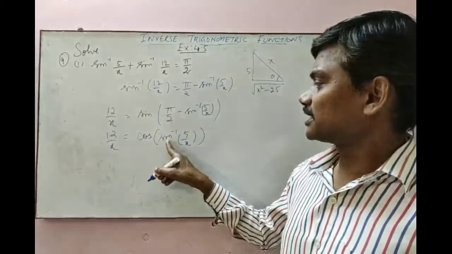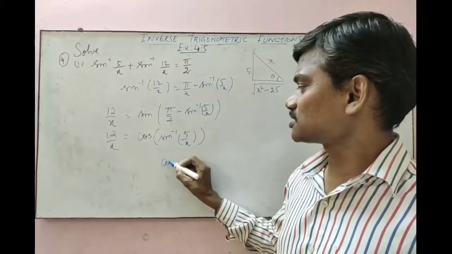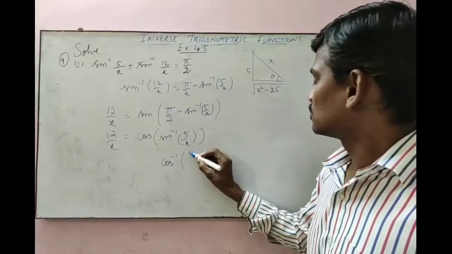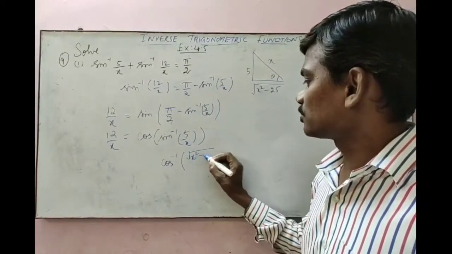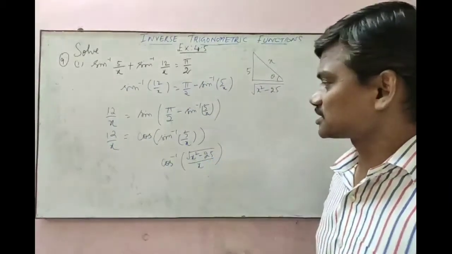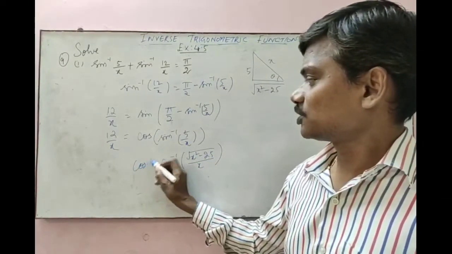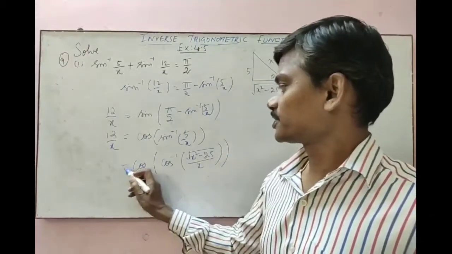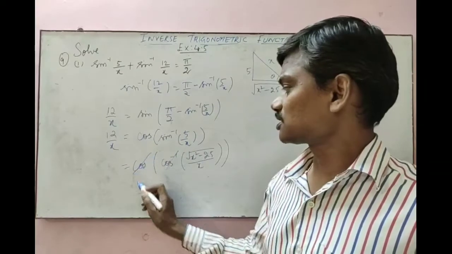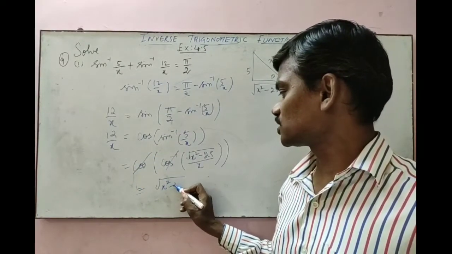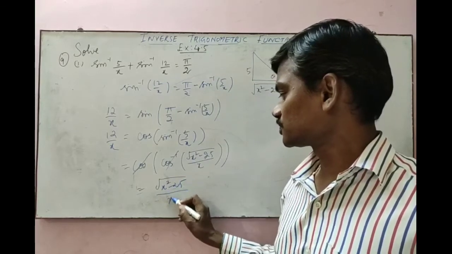Now you can write this sin inverse as cos inverse of, what is the adjacent here? Root of x square minus 25 by the hypotenuse term, that is x. Now it becomes cos into cos inverse of this term. Now you can cancel this cos inverse and cos. You will get root of x square minus 25 by x.